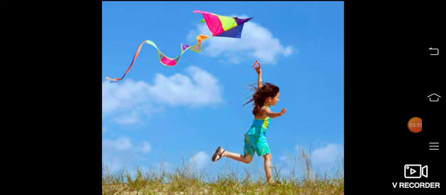Because of wind only, the kite is flying in the sky. So you can feel the air that is surrounding you, but you cannot see or touch it. When the wind is blowing, you can feel it, or else you can see the trees moving here and there because of wind. From that only you can tell there is air, or whether the air is blowing very hard or very gentle. Like that you can differentiate.